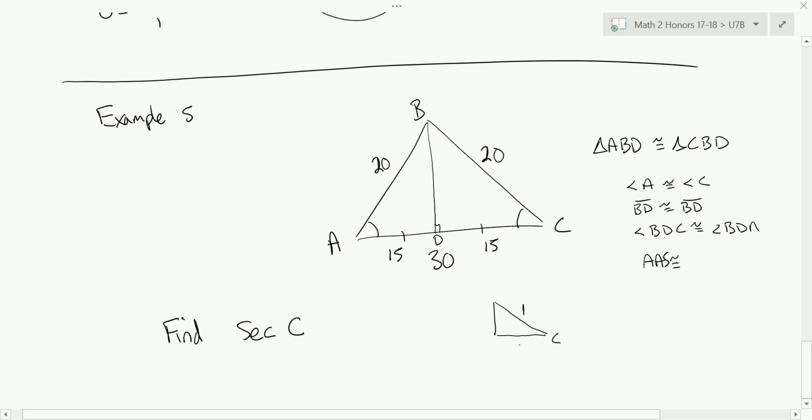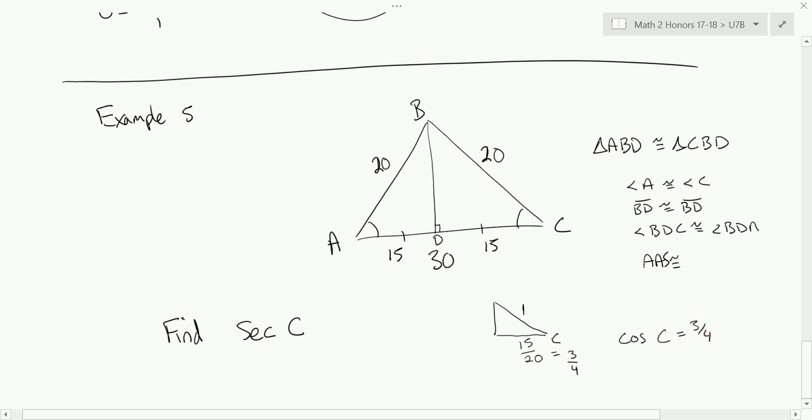So then what's the base length going to be? 15 over 20, 3/4. And guys, what's the significance of the 3/4? What's that equal to? That's the cosine of angle C, 3/4.